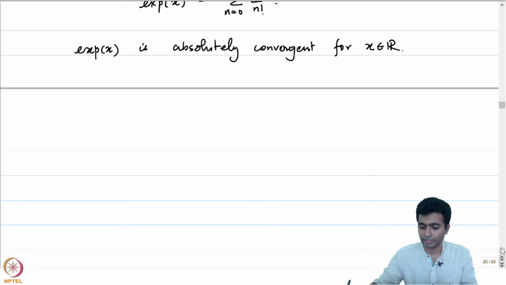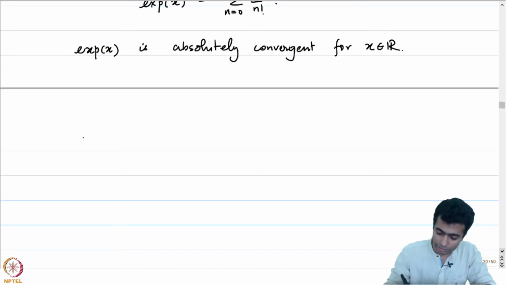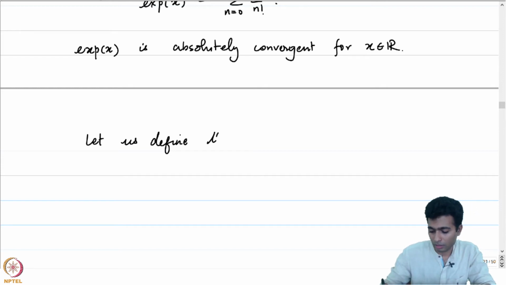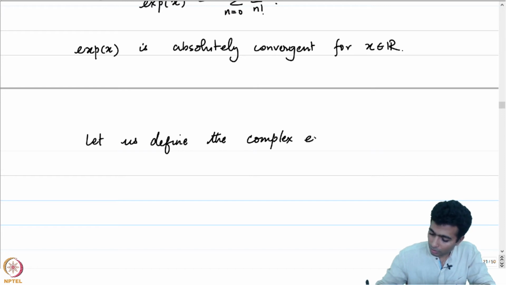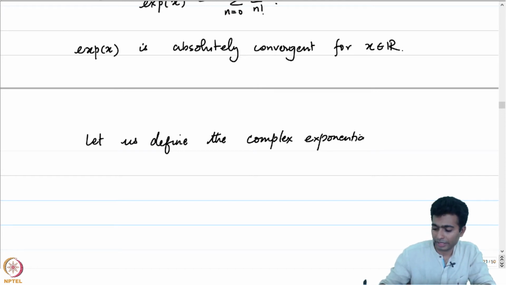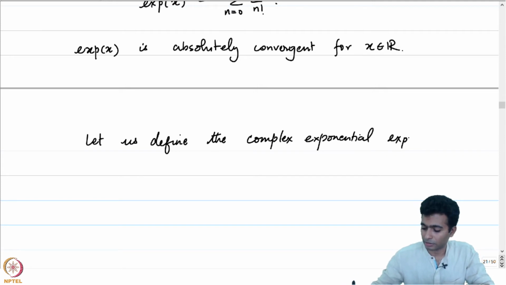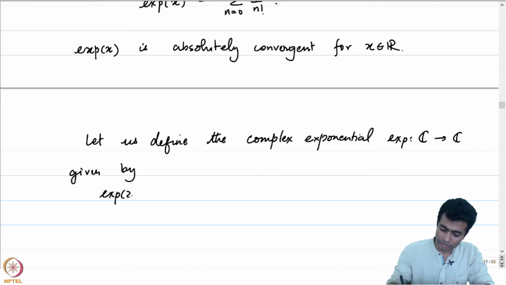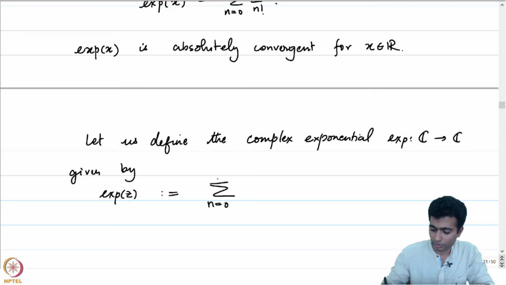Let us define the complex exponential, yet again we will just call it exp. exp is now from C to itself, given by exp of z is defined to be summation n equal to 0 to infinity z to the power n by n factorial.